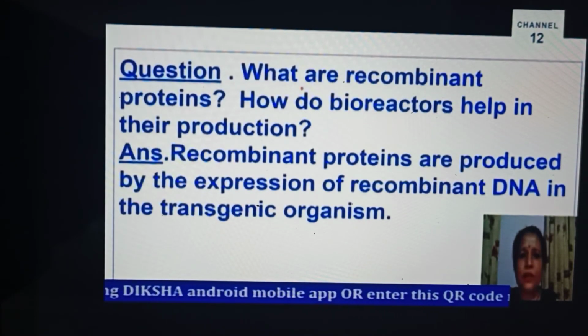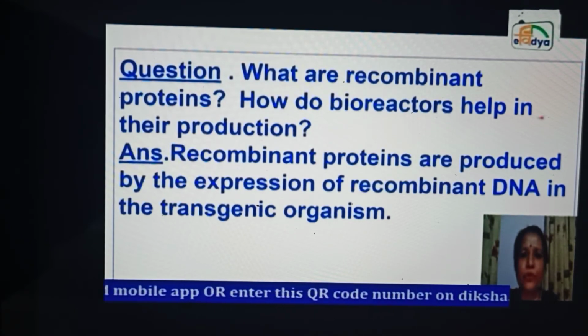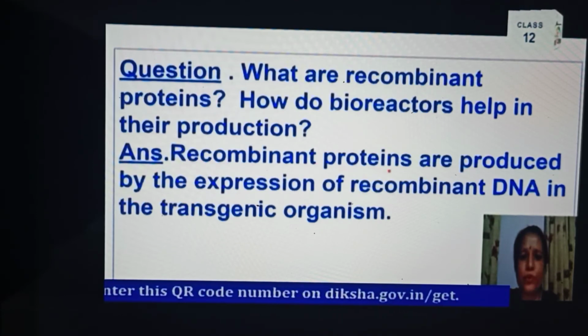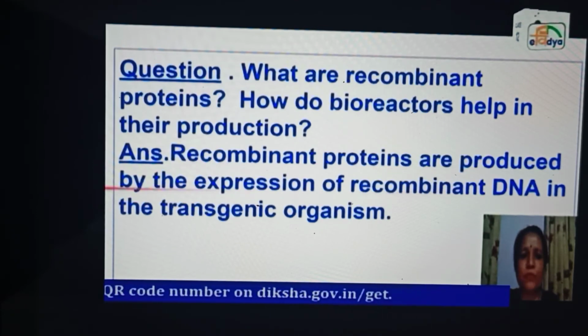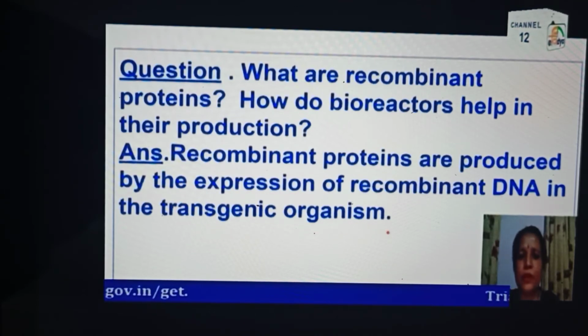Now, next question: what are recombinant proteins? How do bioreactors help in their production? So, recombinant proteins are produced by the expression of recombinant DNA in a transgenic organism.